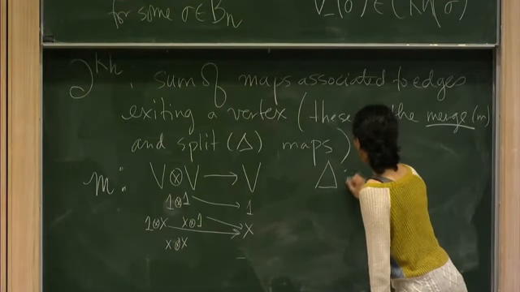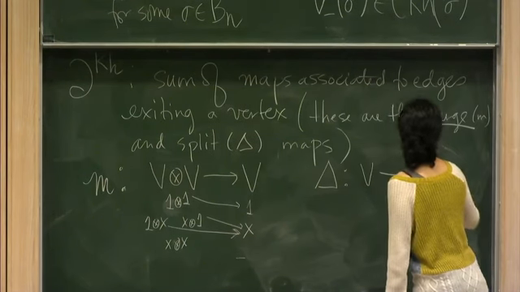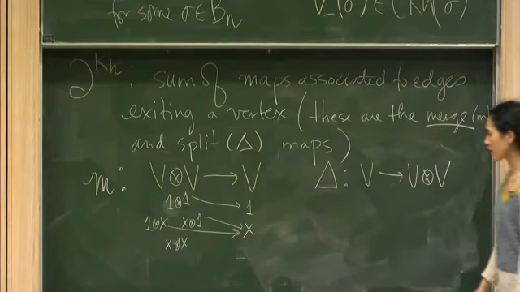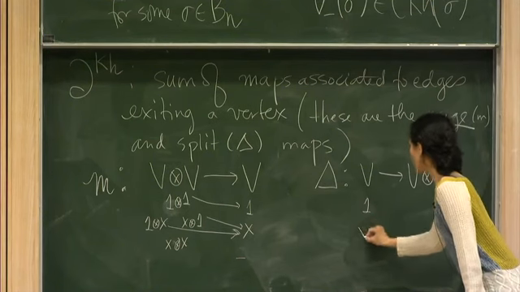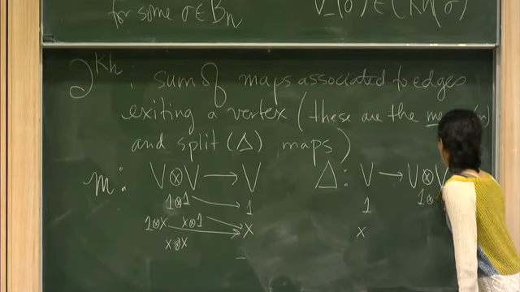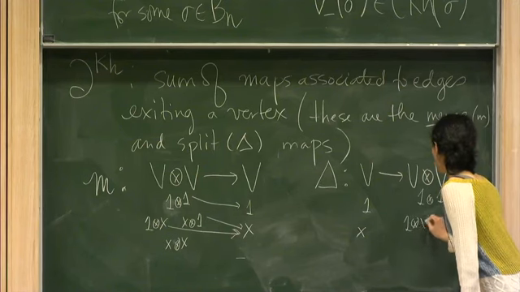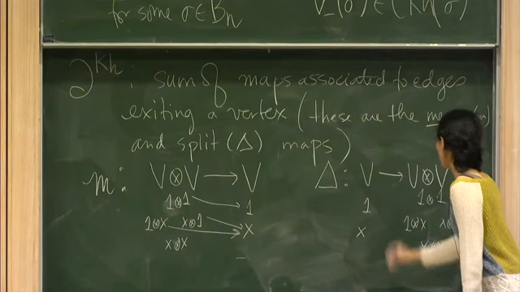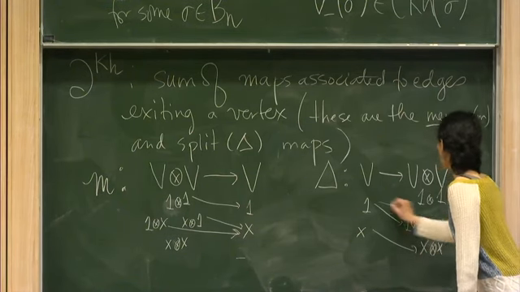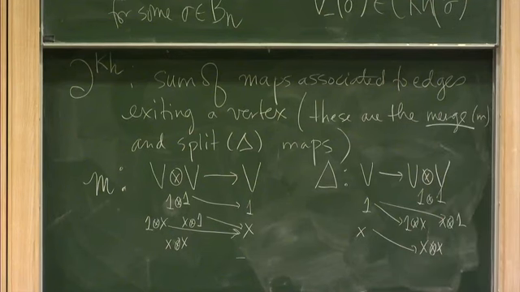And for the co-multiplication, well, you can really think of it as exchange the roles of x and 1 and reverse all your arrows. So imagine standing on your head and reversing all the arrows.